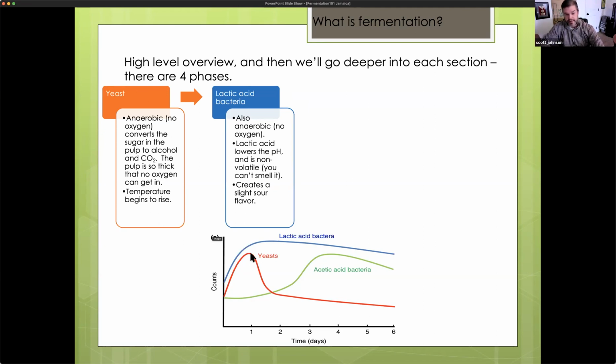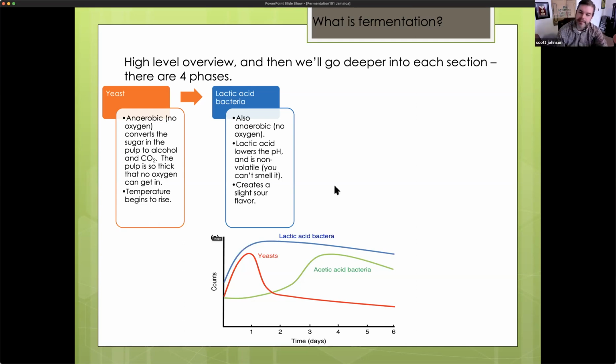And as your yeast fermentation starts to peak, your lactic acid bacteria, which is your phase 2, really is at its peak as well. And what's happening here is now you've got a specific kind of bacteria that is converting the alcohol that your yeast produced into something called lactic acid.